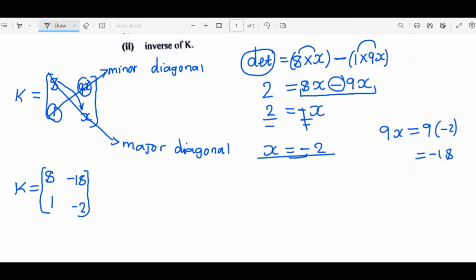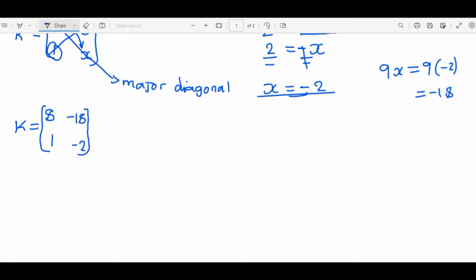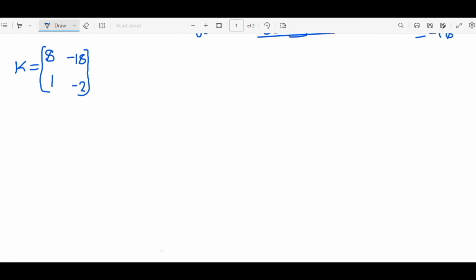Now for Roman numeral 2, we want the inverse of matrix K. So what is the formula for the inverse? The inverse can be found by K to the power of negative 1 is equal to 1 divided by the determinant.